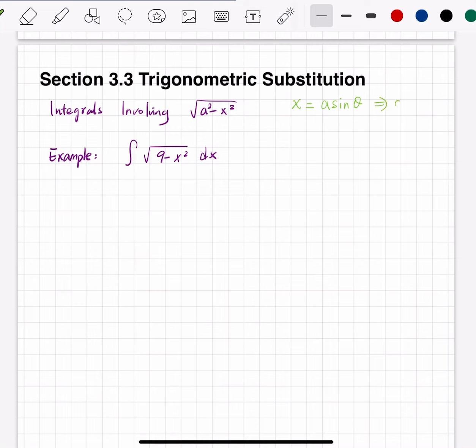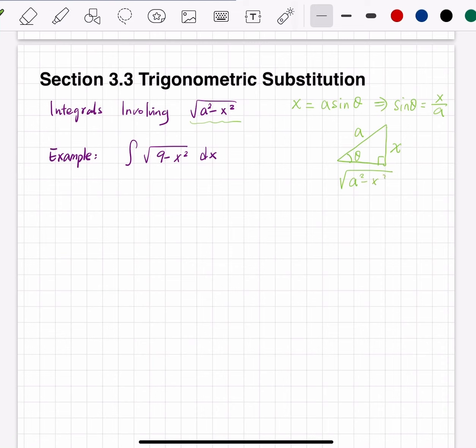So sine of theta is going to equal x over a. According to the right triangle, sine of theta is the opposite over the hypotenuse. Then the adjacent is just going to be square root of a squared minus x squared.